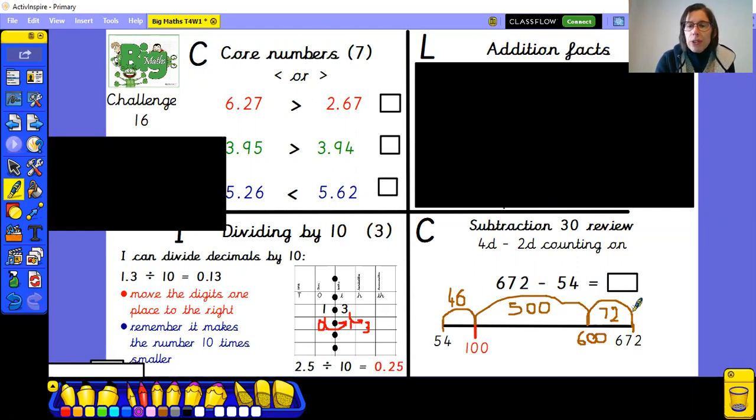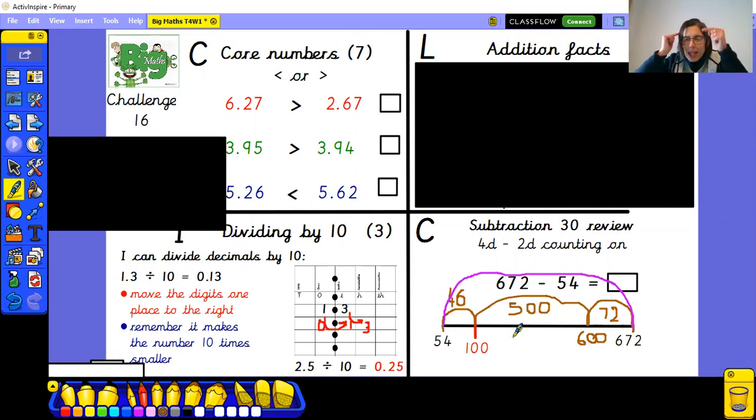Now remember what we are looking for. We're looking for the value, for the difference of 672 take away 54. So what we just have to do now is to add 46, 500 and 72. And who can tell me what 500 plus 72 plus 46 is?